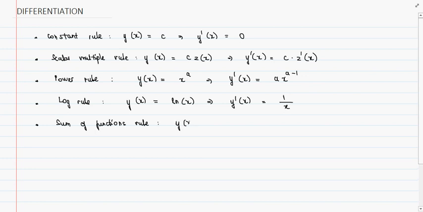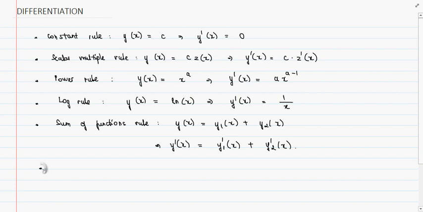For example, if I have a function y of x equal to y1 of x plus y2 of x, and I want to differentiate y with respect to x, then I just differentiate y1 with respect to x, and then add the derivative of y2 with respect to x. So you just differentiate the functions separately and add them together.